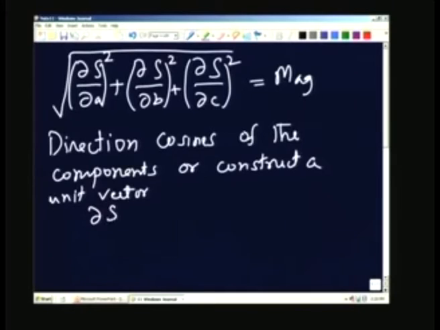So, dou S by dou A divided by its magnitude, I will say magnitude is delta S.